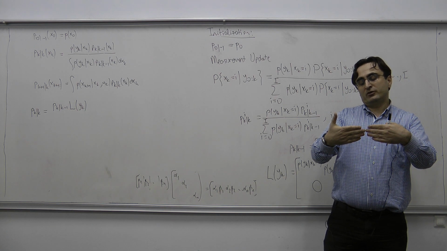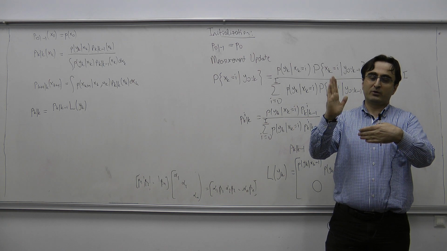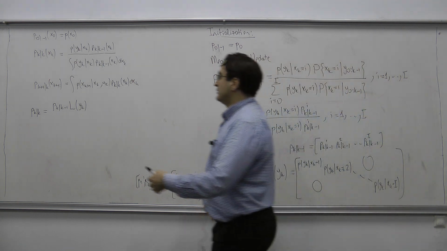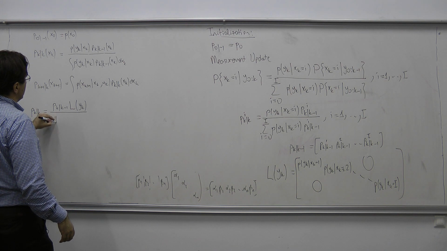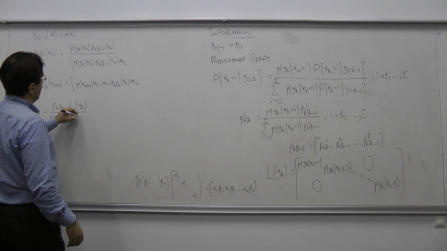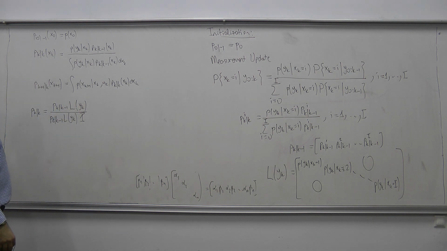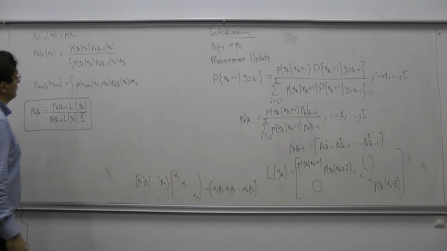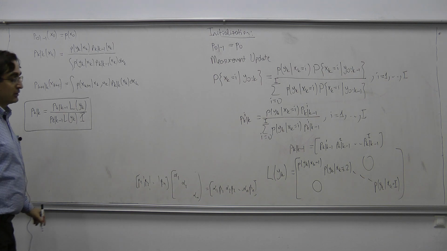If I want to sum elements of a vector, I just multiply that vector with a vertical vector 1. So what I do here is nothing but this. p_{k|k-1}, I take the same vector, L(y_k), and then I multiply it with a vertical vector 1. Okay? So this is our measurement update formula for the finite state Markov chains.